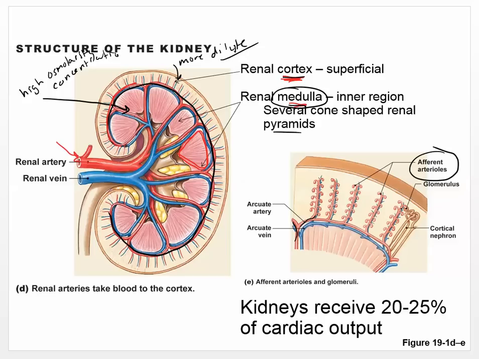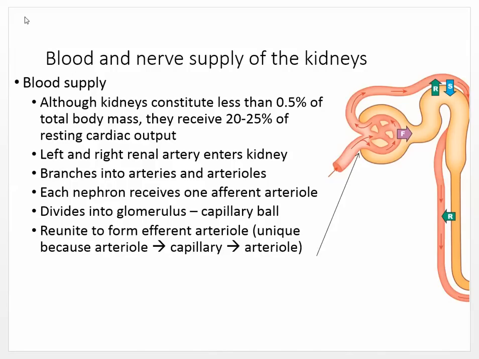But those afferent arterioles are going to feed into the nephron, and then that's going to dip down into this more concentrated area, and that's how urine's going to be made. And remember, I said kidneys get 20 to 25%, a fourth of all the blood that's being pumped. All of that blood that goes into the nephrons is on its way to being urine unless it's reabsorbed. So we're going to talk a lot about that.